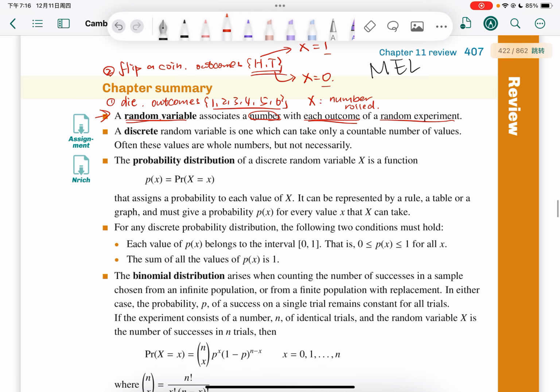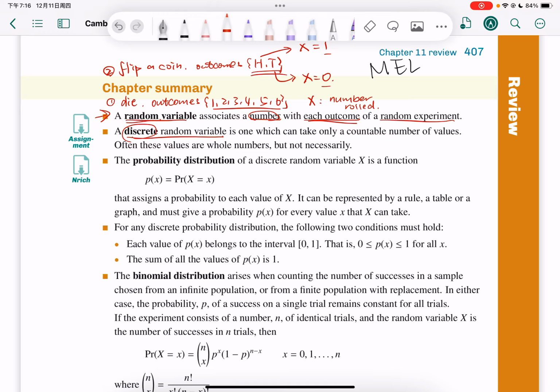Then a discrete random variable. So a random variable and it's discrete. Discrete means it's not continuous, which can take only a countable number of values. For example, for the die we have 1, 2, 3, 4, 5, 6, and that's not continuous.